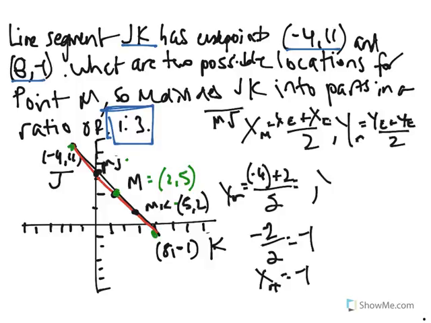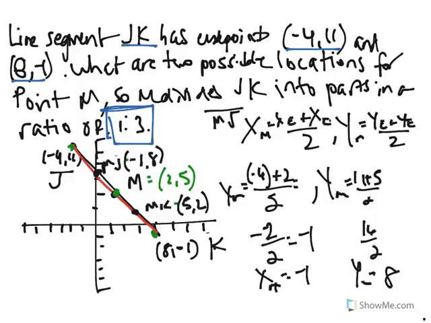And we have ym equals 11 plus 5 over 2, we get 16 over 2, ym equals 8. All right, so we have (-1, 8) as our second midpoint, okay?